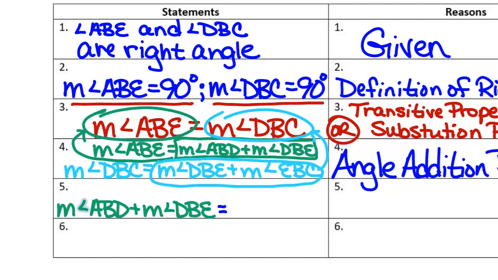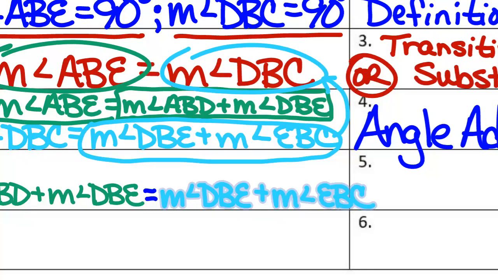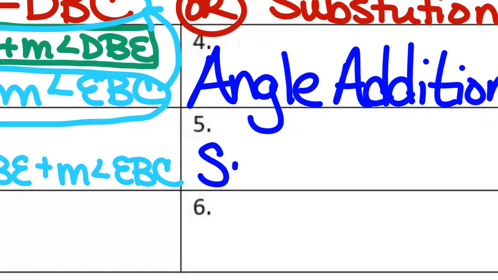So I'm going to replace the right-hand side with the measurement of angle DBE plus the measurement of angle EBC. What allows me to make replacements like that? Substitution.